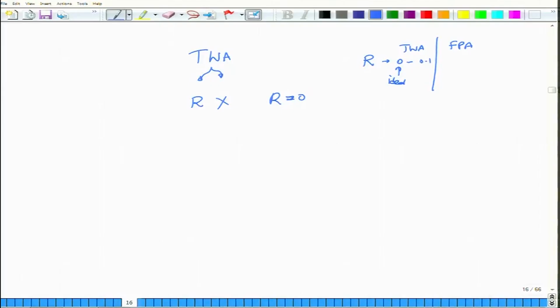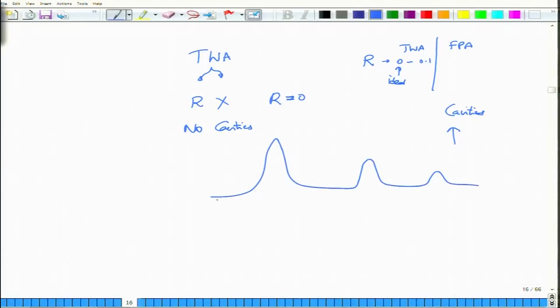The gain of the travelling wave amplifier is actually much smaller compared to the Fabry-Perot design, because there are no cavities here. Cavities serve to have standing modes, and therefore the gain can actually shoot up. So you are trading off a large gain in your Fabry-Perot cavity.